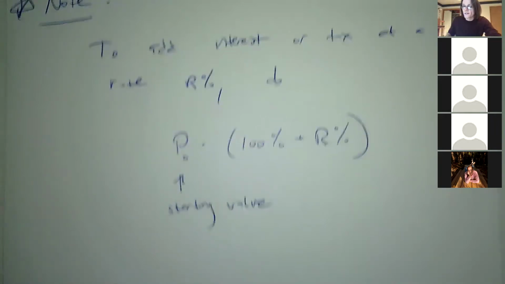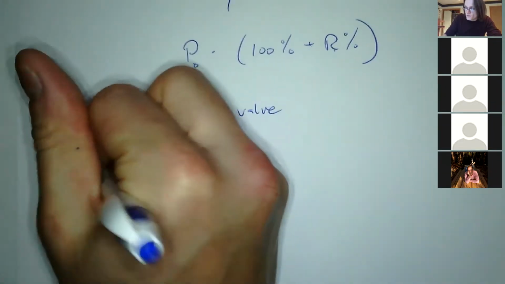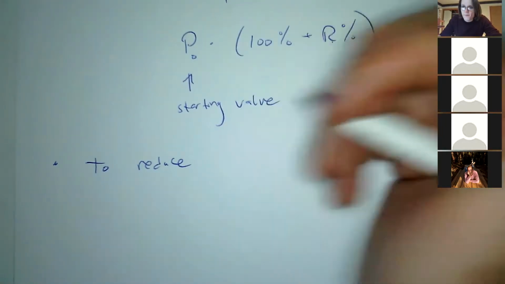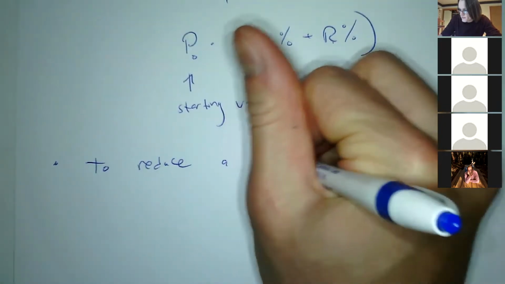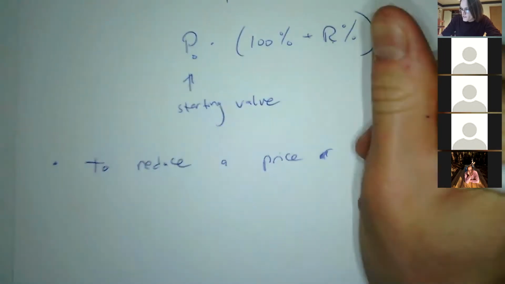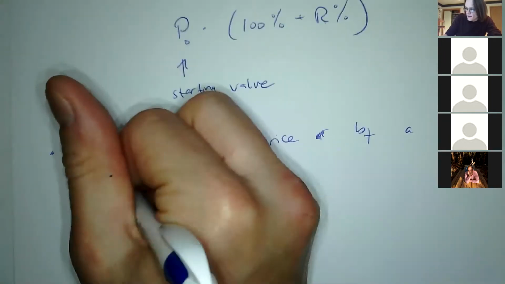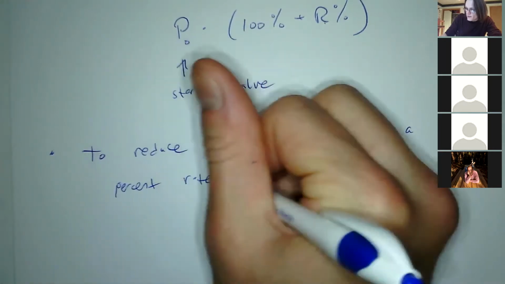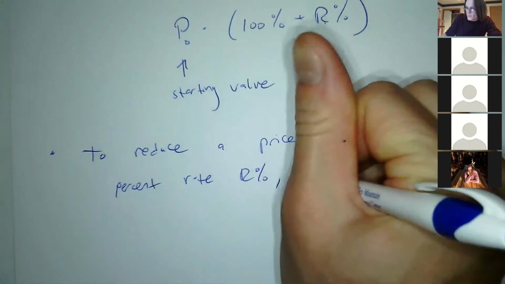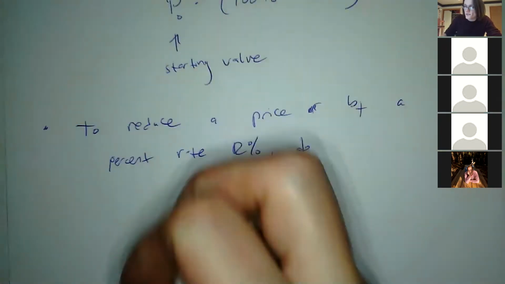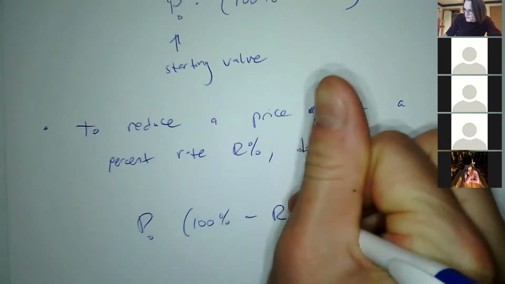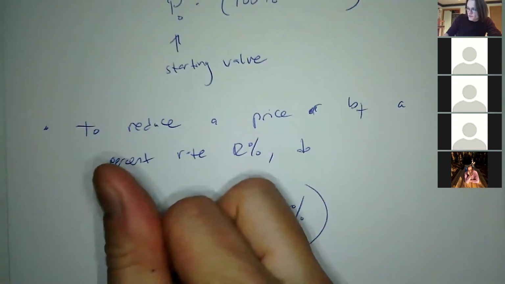Now going the other way, this is to reduce a price by a percent rate R%. So this is like the discount. You're going to do P naught times (100% minus R%), where P naught is the starting value again.